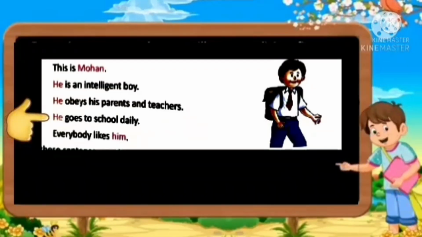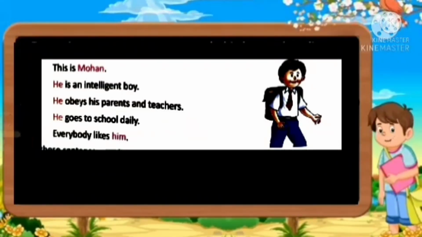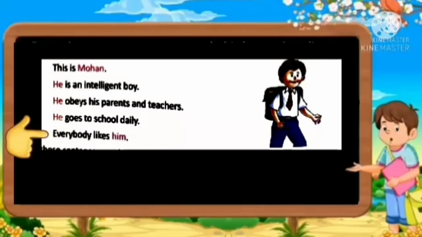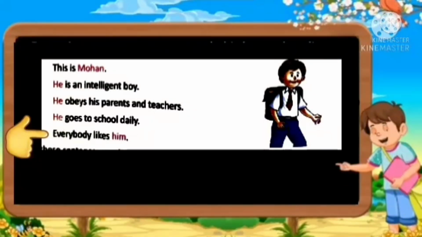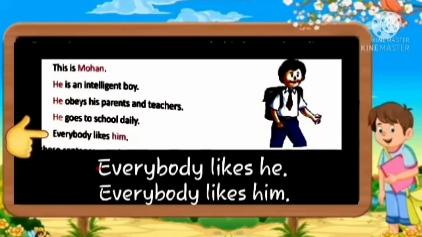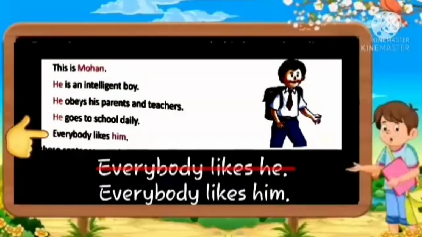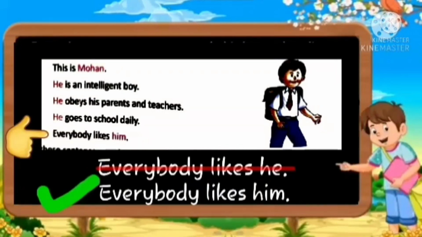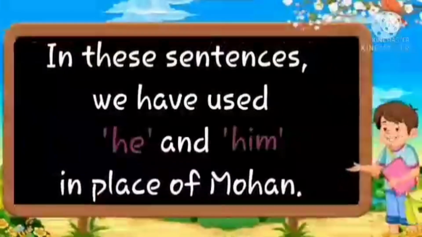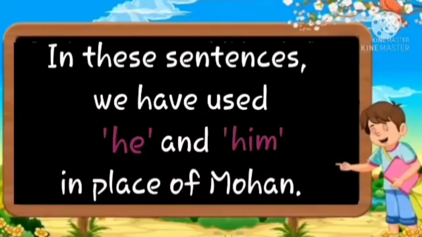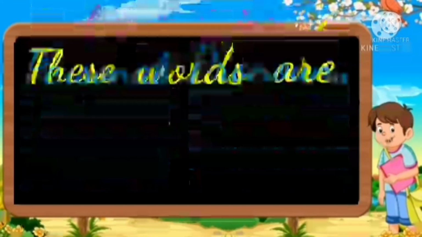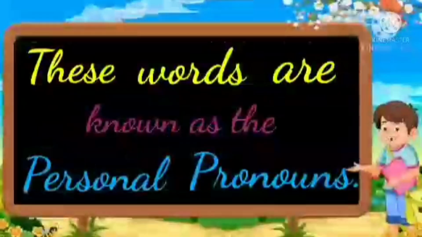He goes to school daily. Everybody likes him. Now here we will not use everybody likes he. We will use everybody likes him. Okay. So in these sentences we have used he and him in place of Mohan. So these words are known as the personal pronouns.